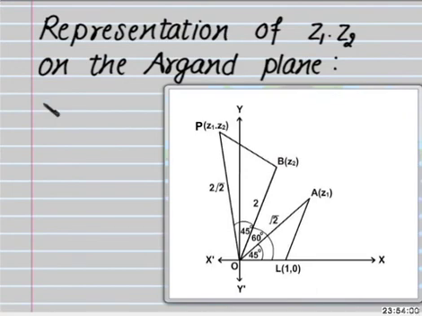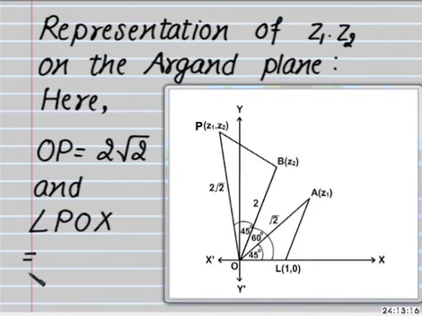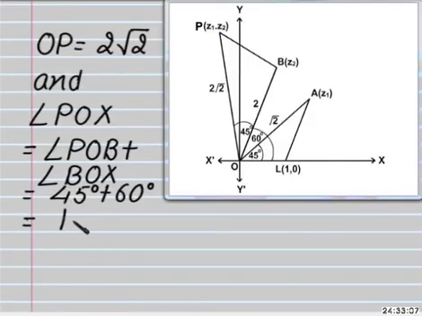So here OP equal to 2 into square root 2 and angle POX, that is equal to angle POB plus angle BOX here is equal to 45 degrees plus 60 degrees, that is equal to 105 degrees.